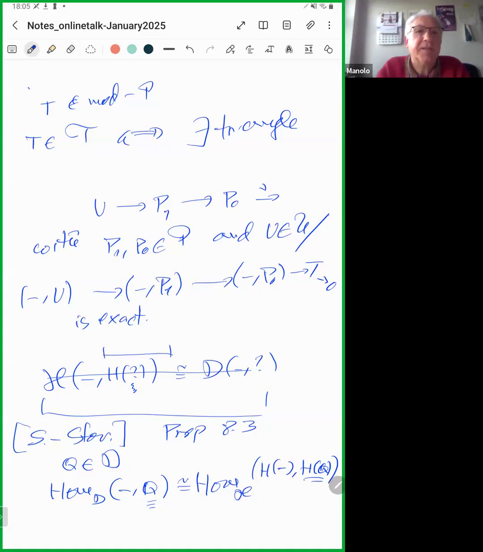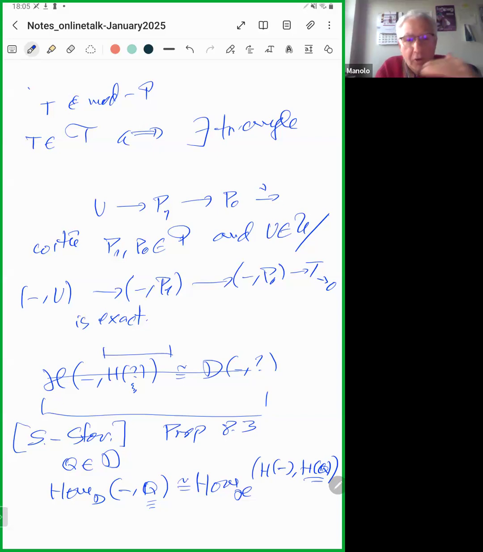This should be a set. We don't even know if these are the only well-generated triangulated categories, but it is a standard way of constructing one.